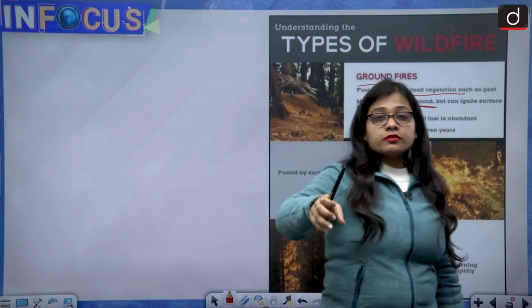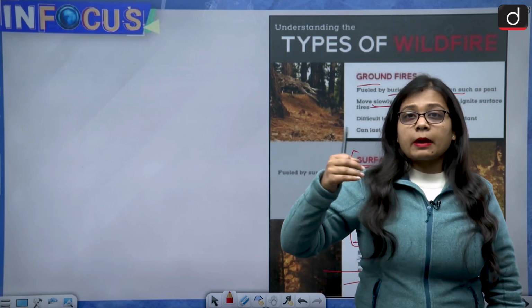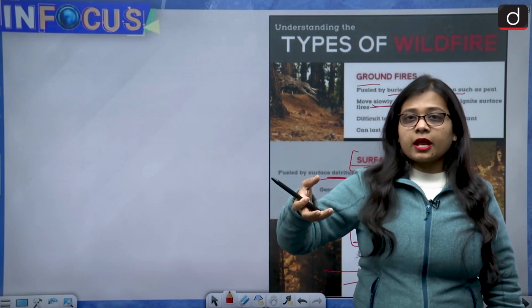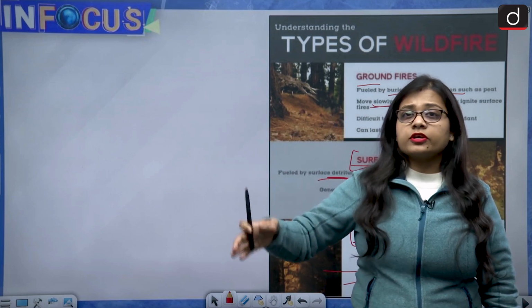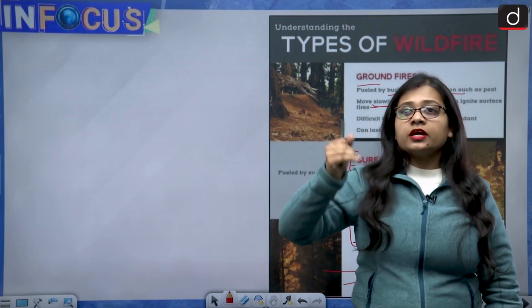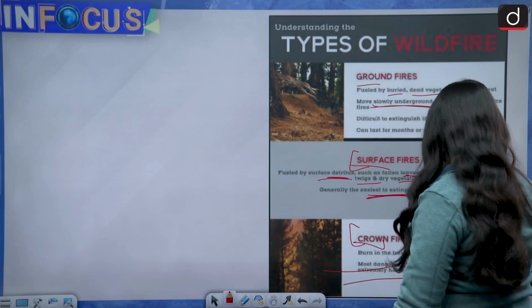Because the canopy of trees is burning, it spreads at a very rapid pace, and it is very difficult to suppress, because the moment you suppress it in one area, it will spread very fast to other areas also.